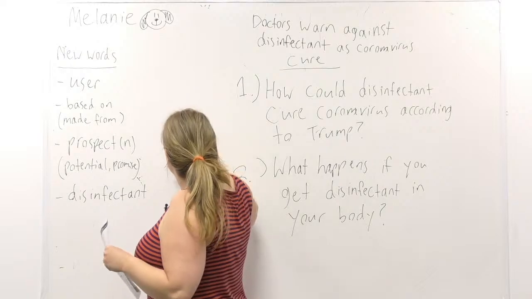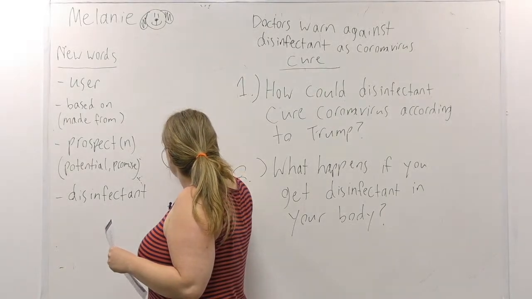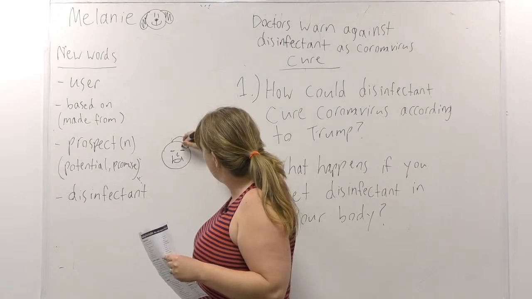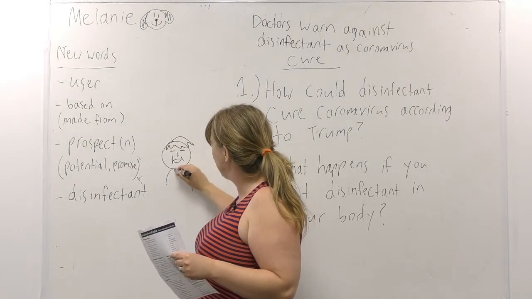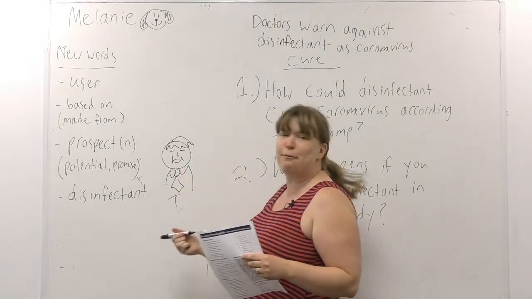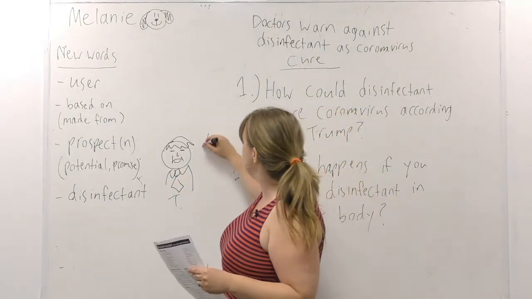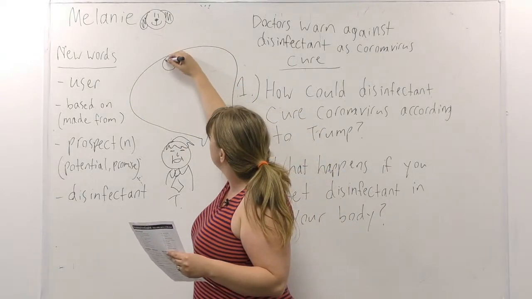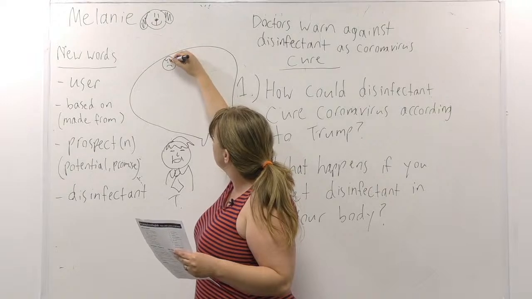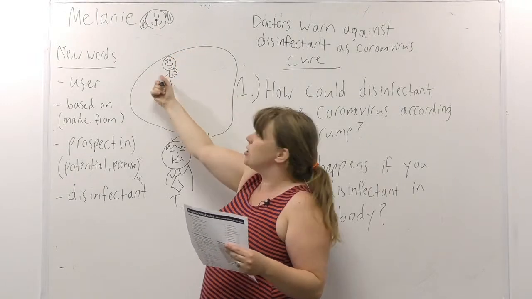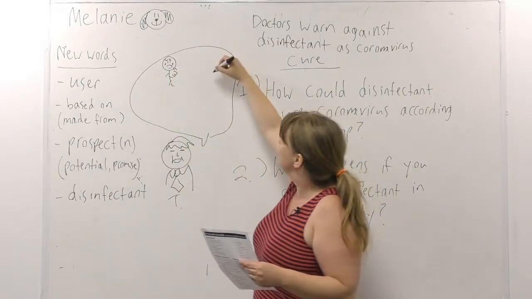Okay, so here's what's going on. So here's Donald Trump. Here's my bad picture of him. So here he is, T for Trump. So this is what he said. So here are sick people with coronavirus. So this person has COVID-19.